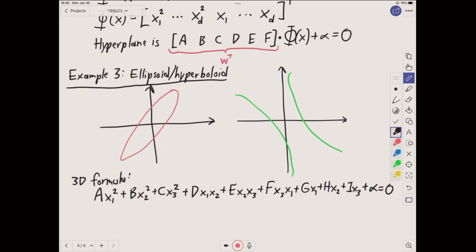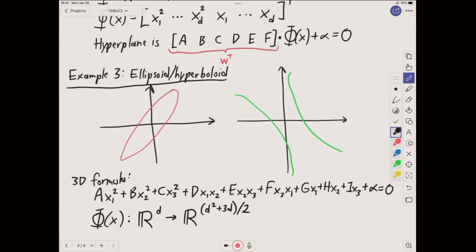And one thing I need to point out now is that when you do the lifting to add all of these different features, including the cross terms, you're not just doubling the number of features, you're now squaring the number of features. Because all those cross terms add up. There's a quadratic number of cross terms.